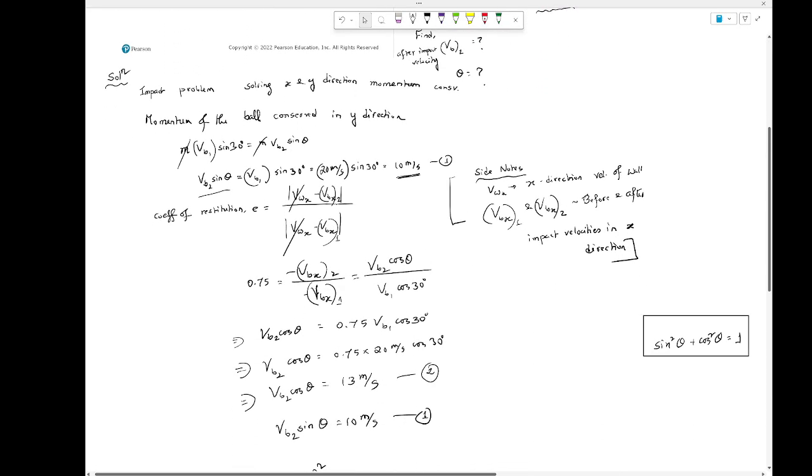So out of those two things, we will have two equations and we have two unknowns, V2 and theta. We use the sine squared plus cos squared equal to 1, that trigonometric relationship here. Remember that, okay? And the other one is simply arctangent, and that gives us the value of theta.